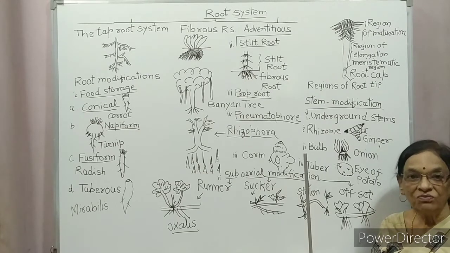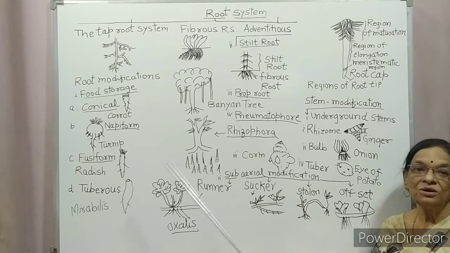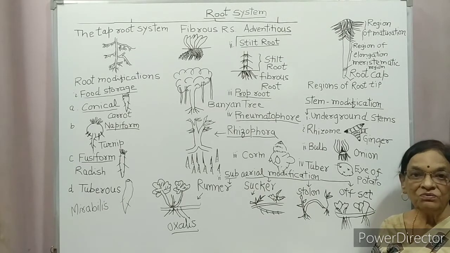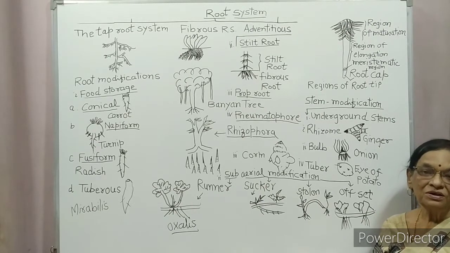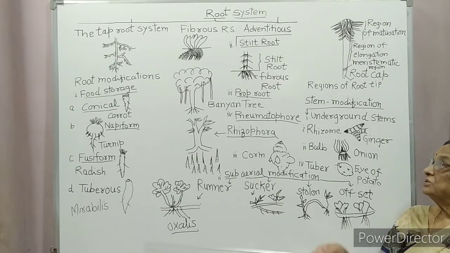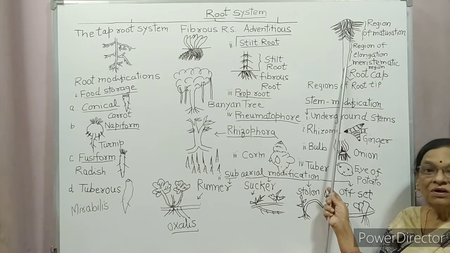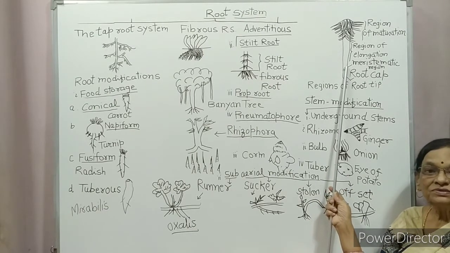They have thin walls and are full of protoplasm. Why thin wall? Thin wall helps in repeated cell division and protoplasm is required for cell division. An empty cell cannot divide. So the meristematic region is the region from where new cells are added.